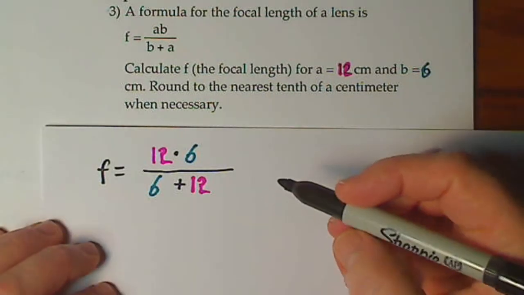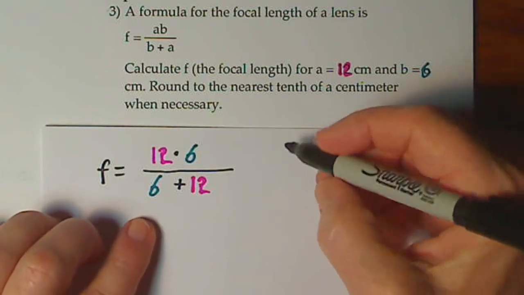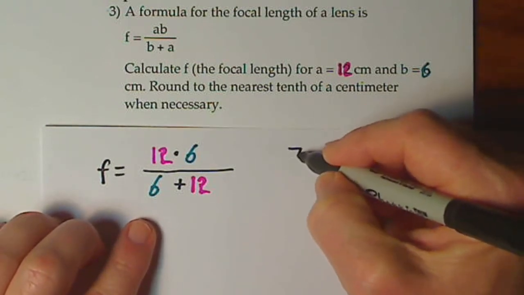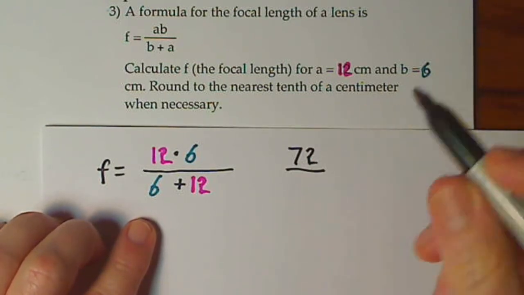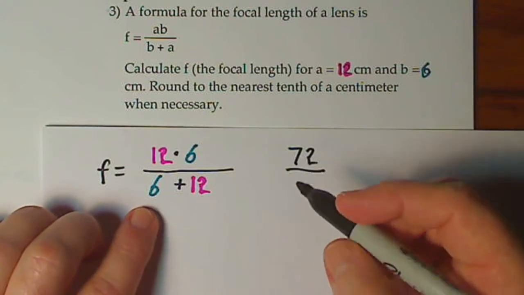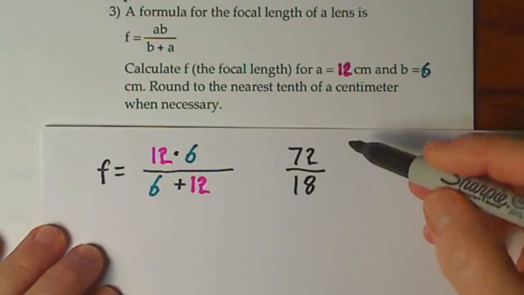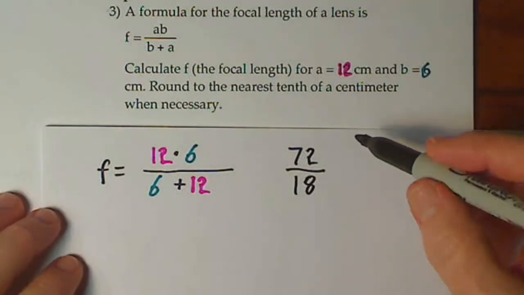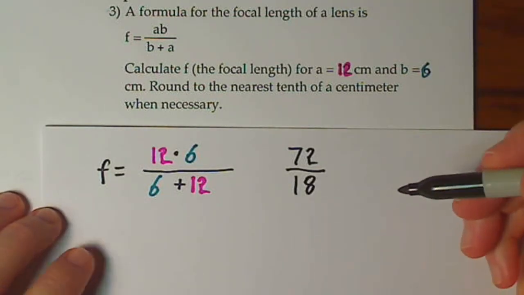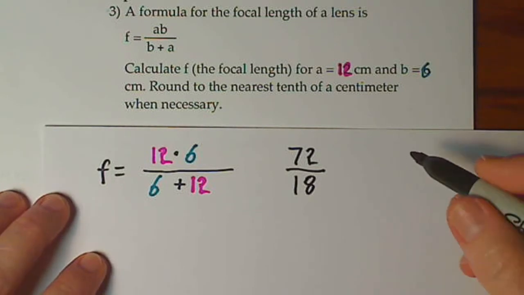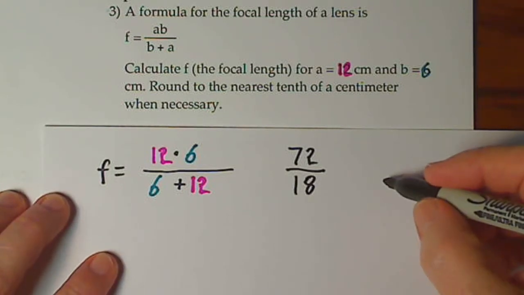Well, alright, so 12 times 6 would be 72. And 6 plus 12 is simply 18. So this reads 72 divided by 18. So we'll go ahead and solve that.